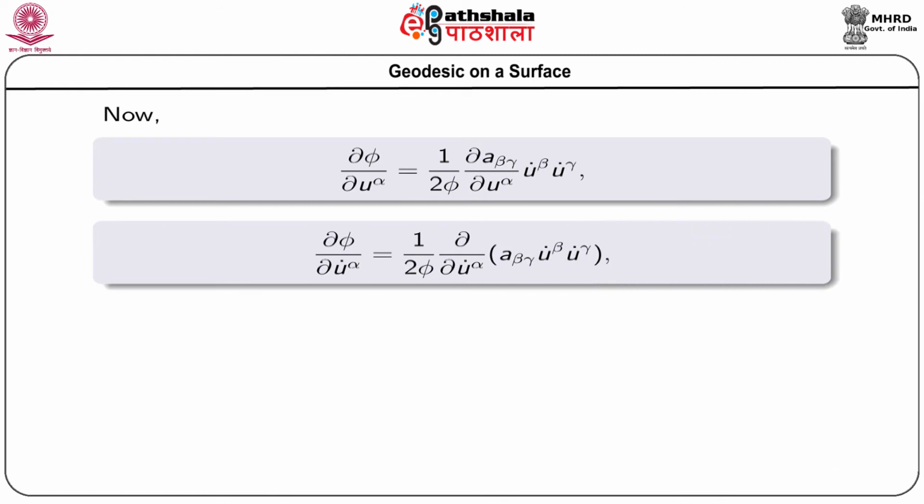And if we find the partial derivative of φ with respect to u̇^α, we shall get 1/(2φ) ∂/∂u̇^α of (a_βγ u̇^β u̇^γ). So, taking the partial derivative of the right hand side, we get the following expression.